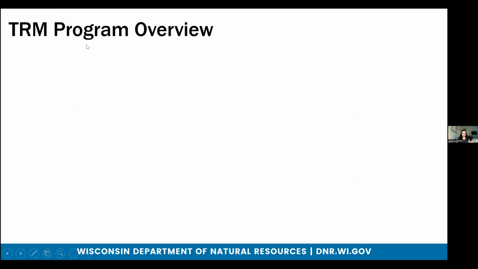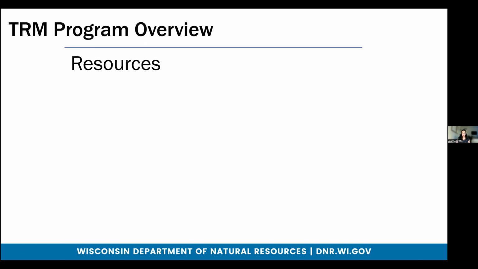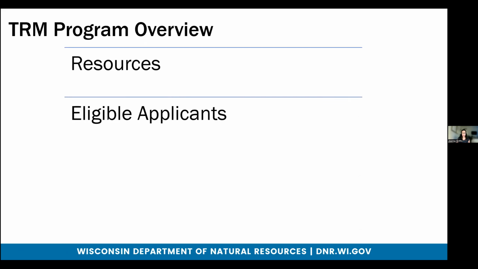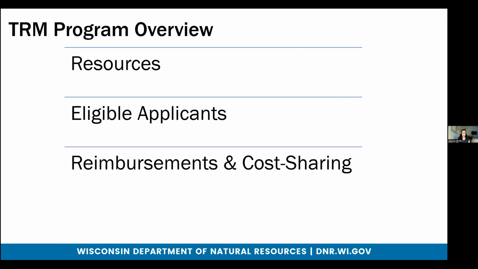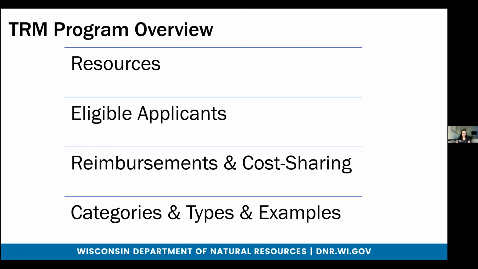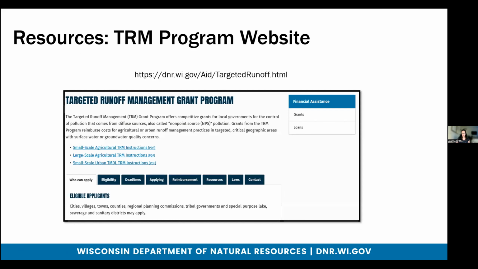So as part of the overview, I am going to discuss all the grant resources you have available, eligible applicants, go over reimbursements and cost sharing, the different types of grants and examples. So our TRM grant website can be found by going to the main DNR website and typing TRM in the search bar.